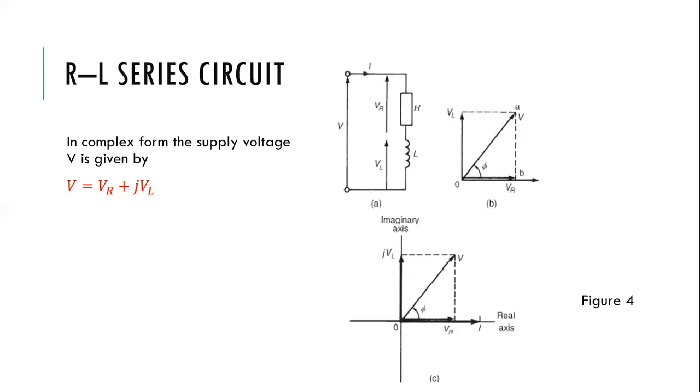The phasor diagram may be superimposed on the Argand diagram as shown in figure 4C, where it may be seen that the complex form of the supply voltage is V equals VR plus jVL. And that's what you have here.